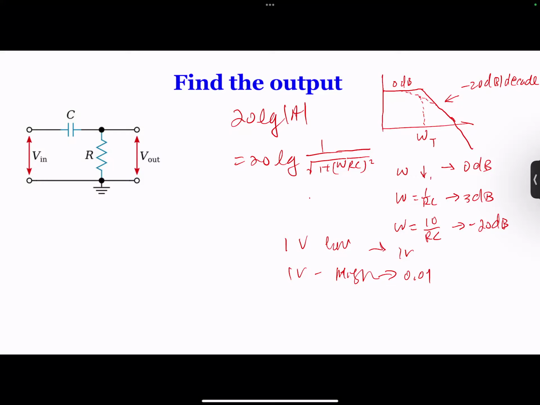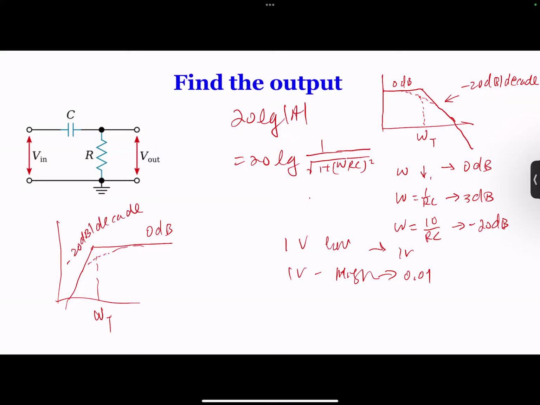If we flip the R and C, you already know what it is. It's a high pass. I'm not going to go into details about this one, but just show you that it will go something like this. And this is your 3 dB, this is 0 dB, this is your omega, and this is minus 20 dB per decade.